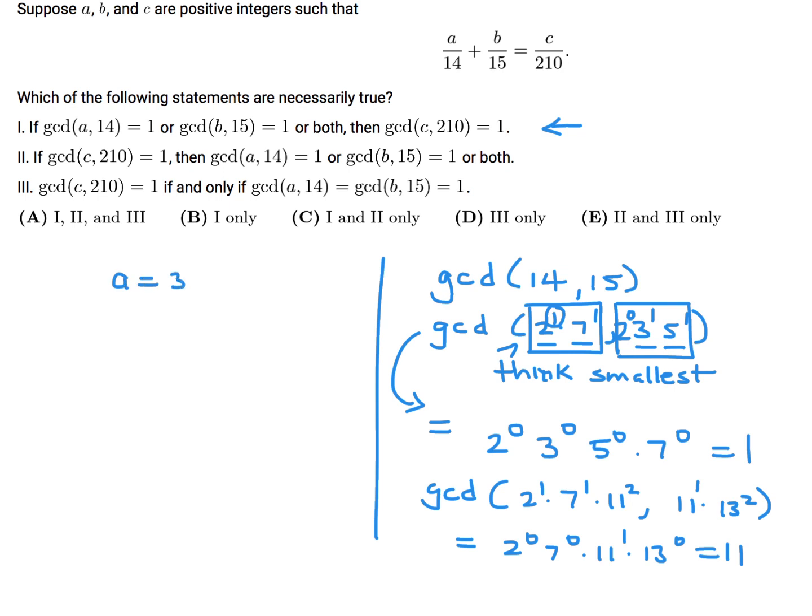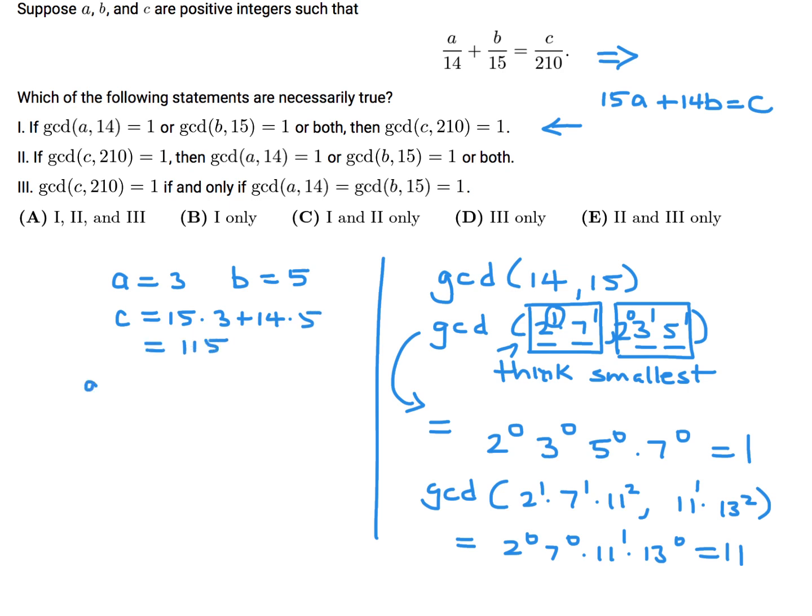I can quickly see that if I use A equals 3 and B equals 5, I can get a counterexample. First, let me simplify this. This simplified would be 15A plus 14B is equal to C. So if A is 3 and B is 5, C would be 15 times 3 plus 14 times 5, which is 45 plus 70, which is 115.